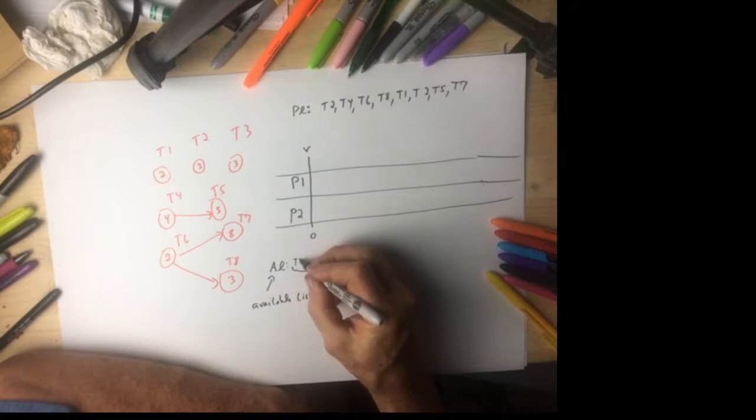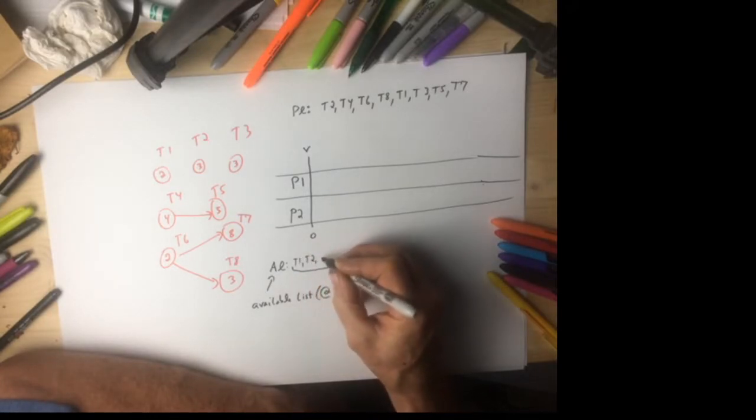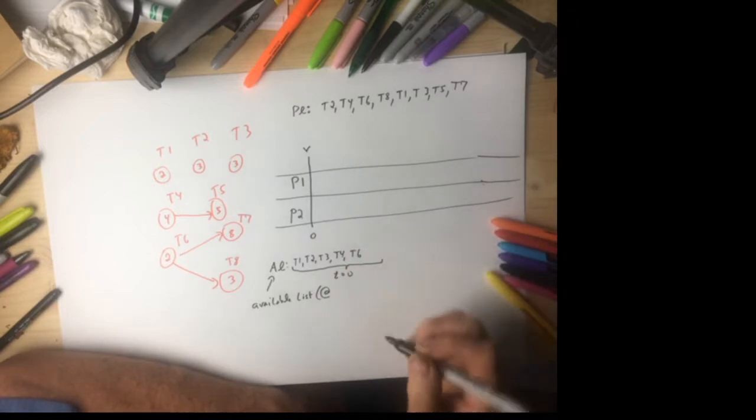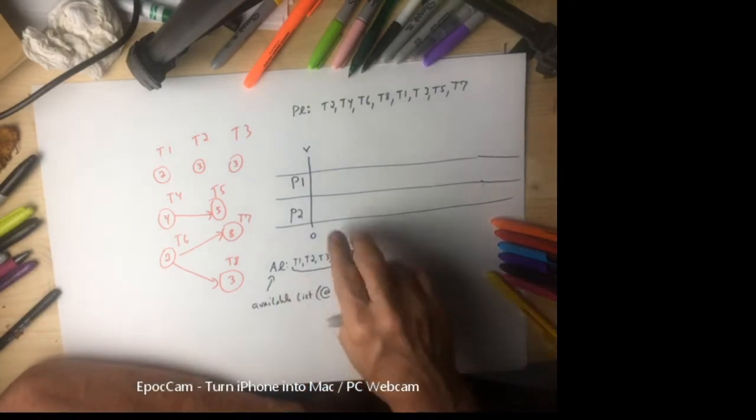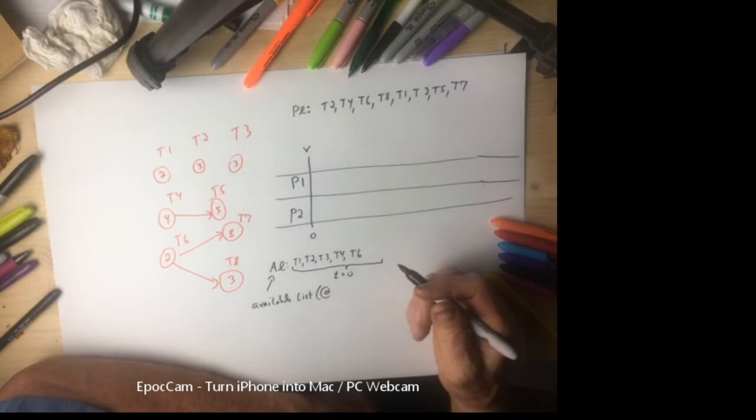So I'm going to write them down. T1, T2, T3, T4, and T6. These are 5 tasks or jobs available at time equals 0. And this is where we're starting. I have 2 people waiting to work, and they're chomping at the bit. They want to work. So, amongst 5 tasks and 2 people, I need to make a decision.